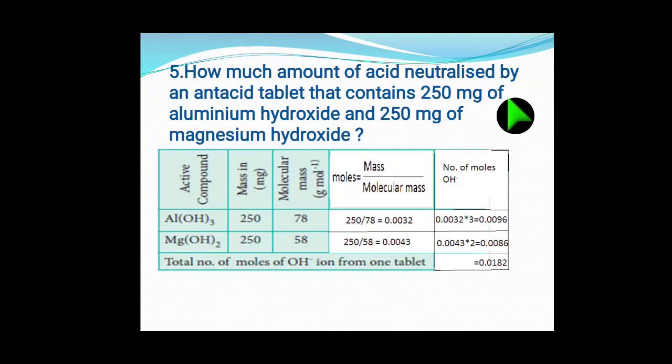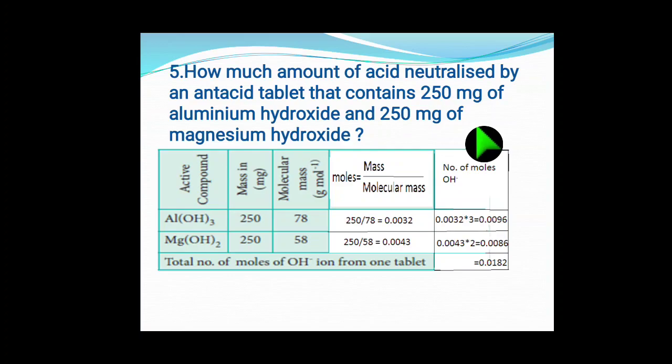Now we can do the calculation. How much acid is neutralized by an antacid tablet that contains 250 milligram of aluminum hydroxide and 250 milligram of magnesium hydroxide?